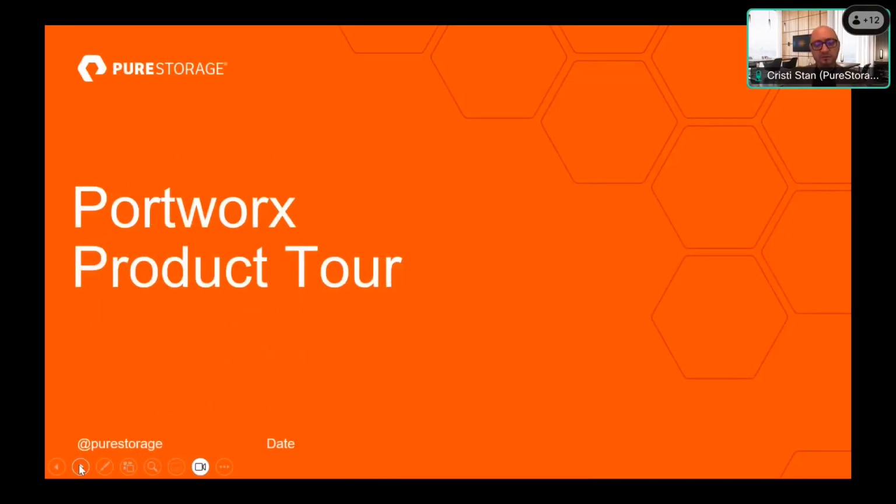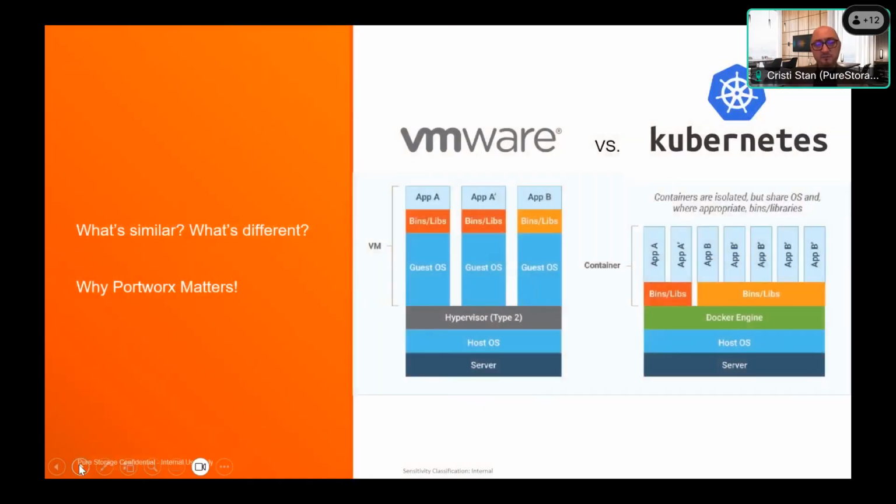Now, let's take a look at what is actually happening inside Portworx and how we are doing all these functionalities, based on the feature level. Just a short introduction.